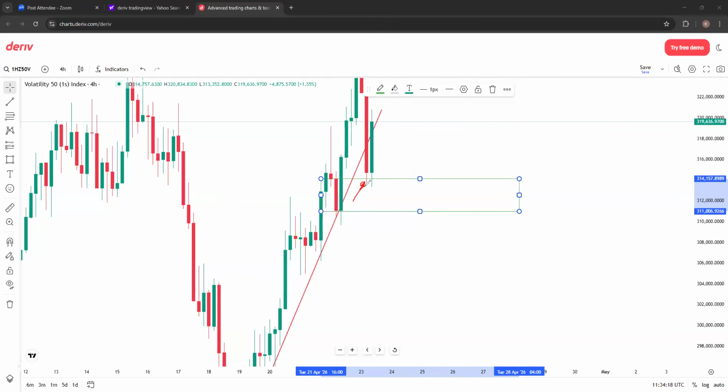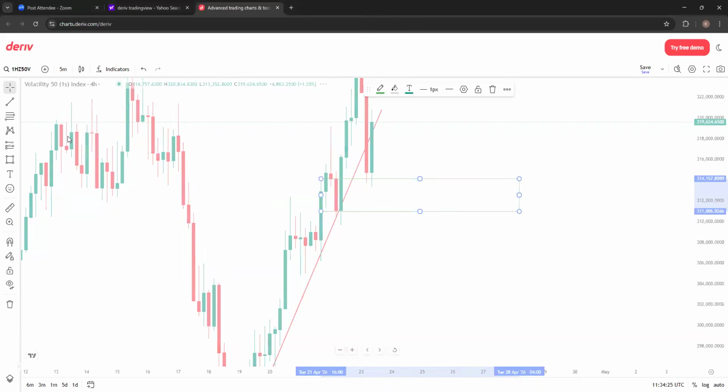No. But now, if we jump straight to M5 or to M15, if we jump to smaller time frames within that area, I always say this, we have to look for our market structure in smaller time frames so that they give us the basic confirmation that we need to say we are either buying or selling a trade.